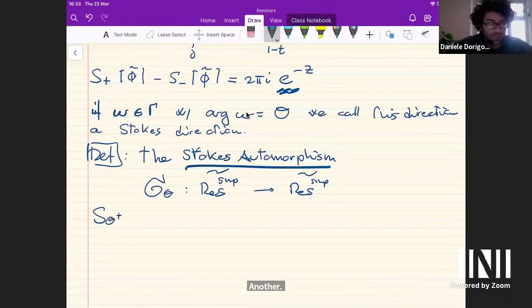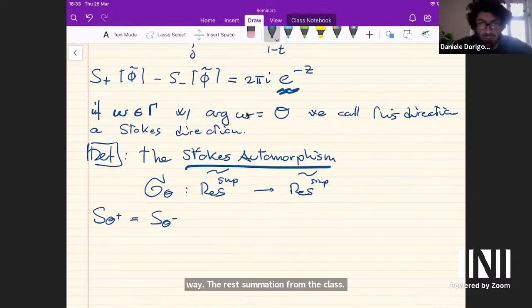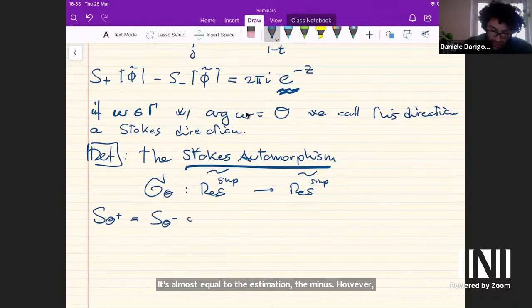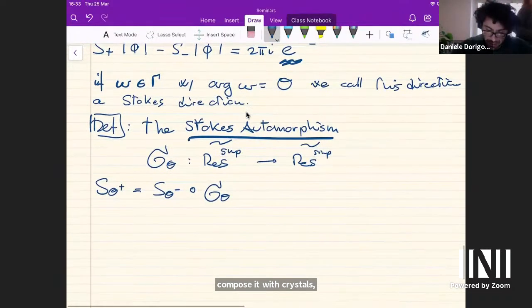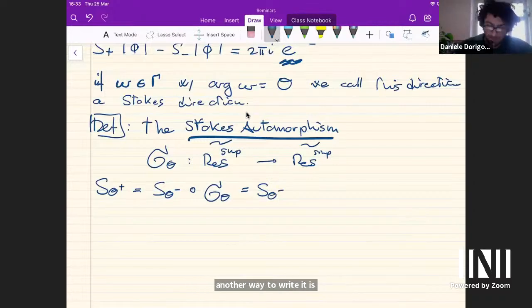The resummation from the plus is almost equal to the resummation from the minus. However, you need to modify slightly your function. You need to compose it with this Stokes automorphism. Another way to write it is that you can integrate from below.